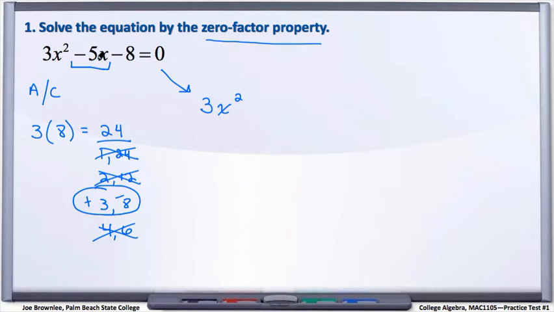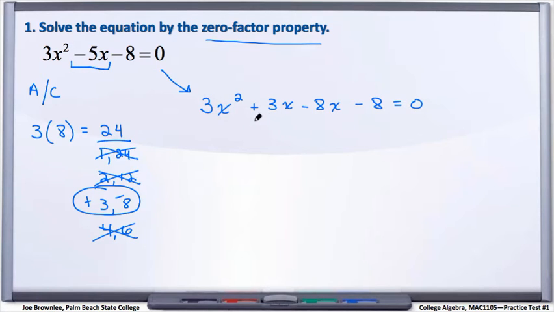So -5x will now become +3x and -8x. The constant, -8, is unchanged, so we simply rewrite that. We'll include our equals 0, and there we have it. We went from 3 terms on the left-hand side to 4 terms.